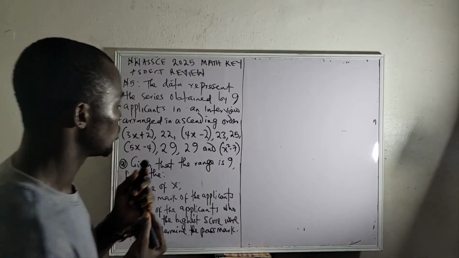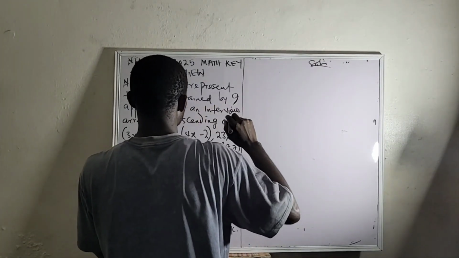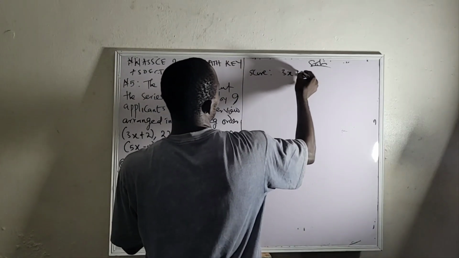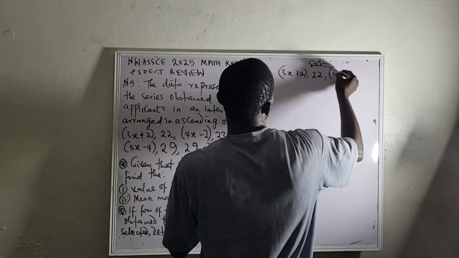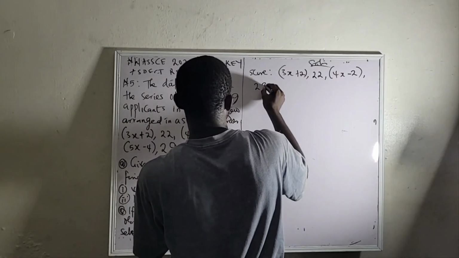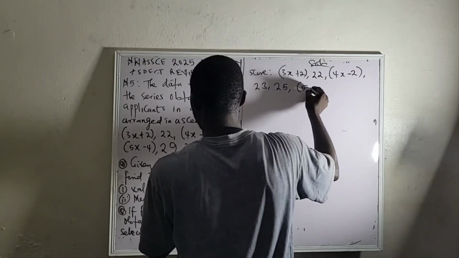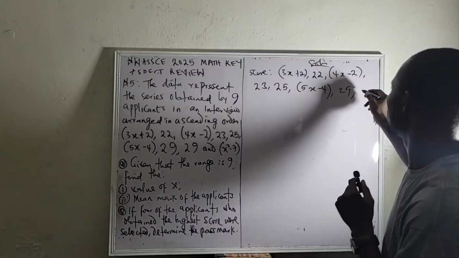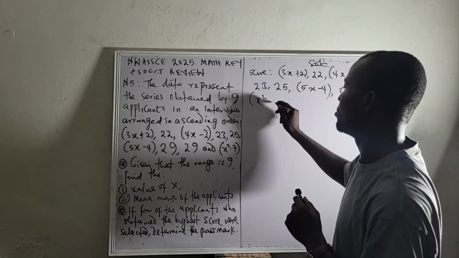So first of all, the solution. The scores, what are they? They are 3x plus 2, 22, 4x minus 2, 23, 25, 5x minus 4, 29, 29, and then x squared minus 7.